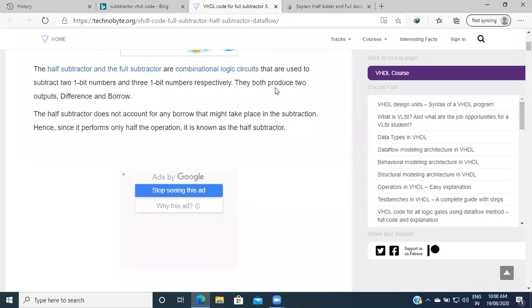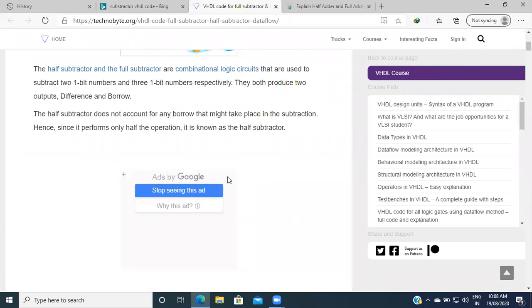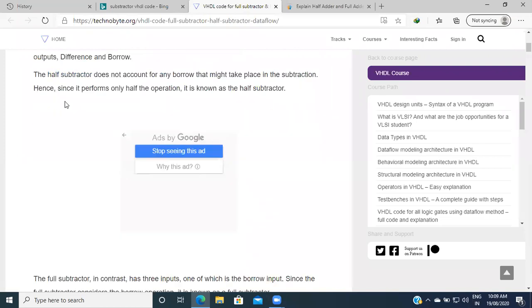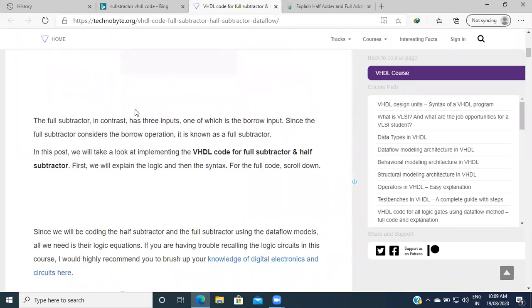In the adder circuit the output is in the form of sum and carry, but in the subtractor circuit the output is in the form of difference and borrow. The half subtractor does not account for any borrow input, only the difference part is present.